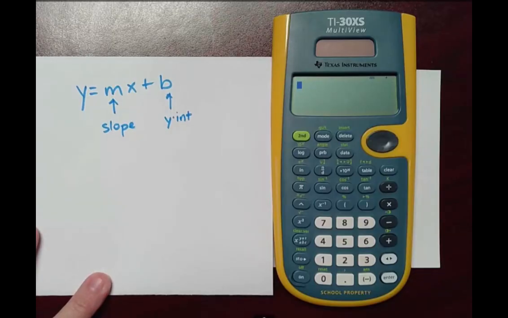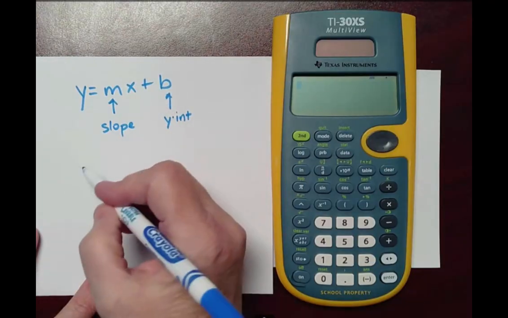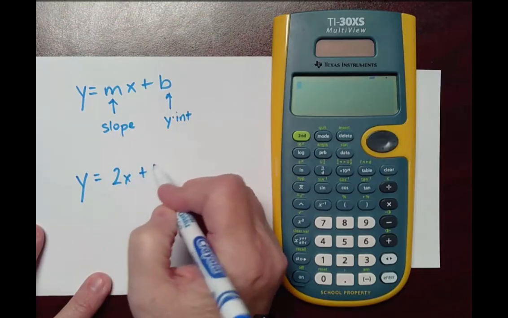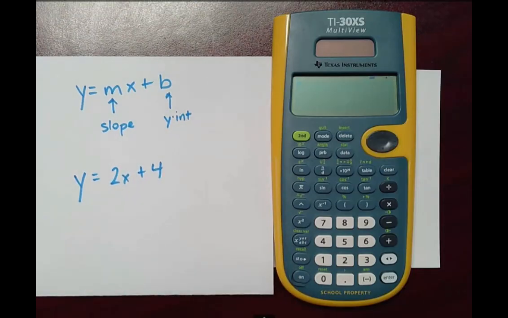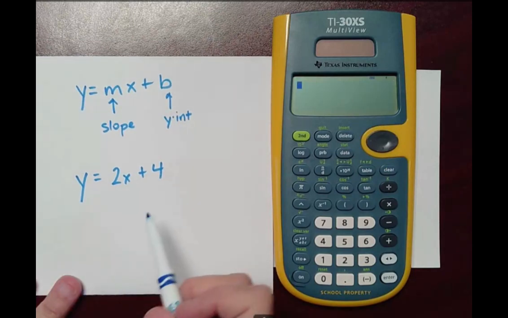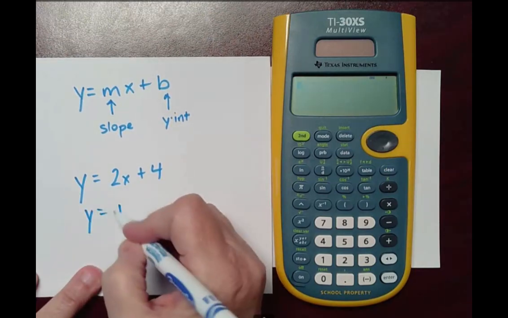Now, I'm not going to show you how to graph using this. I'm going to show you the table button on your calculator and how it can be very helpful. But the table button is only useful if the equation is in this form. If I have an equation y equals 2x plus 4, that's in slope-intercept form, y equals. If it's in y equals, think y equals table.